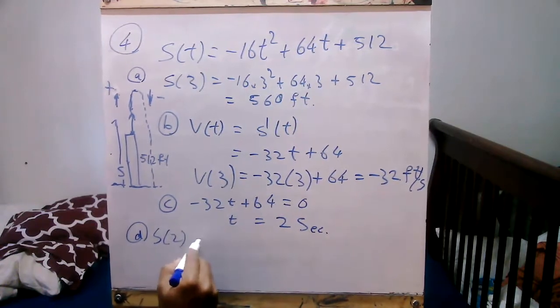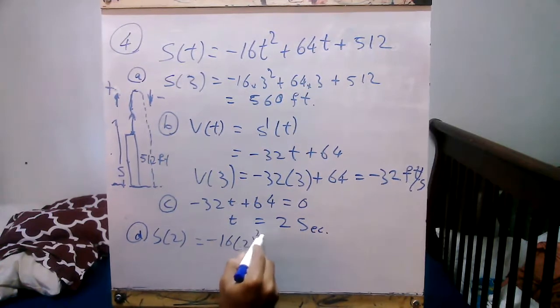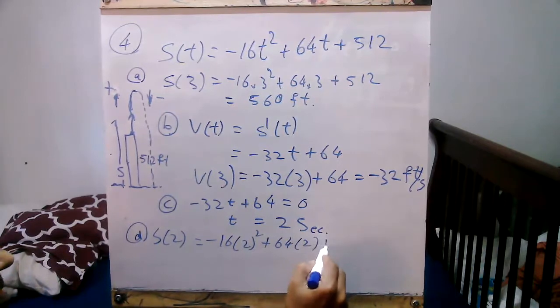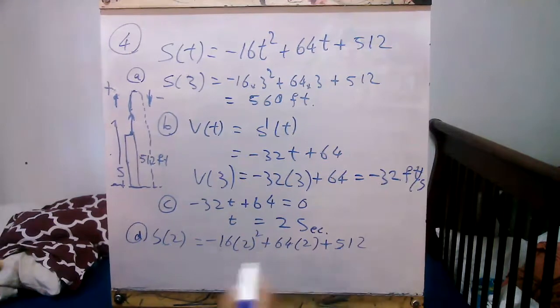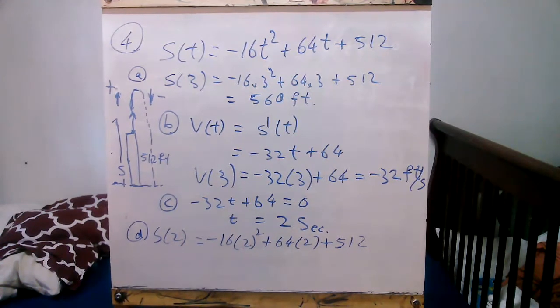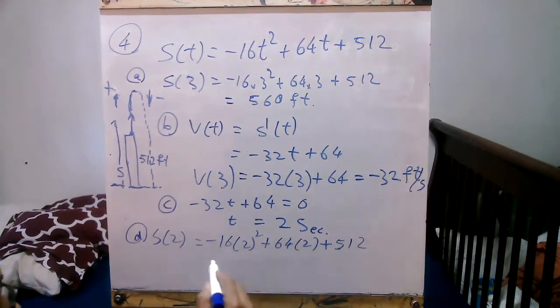S(2) equals negative 16 times 2 squared plus 64 times 2 plus 512. Okay, I get the answer from the book, 576 feet.